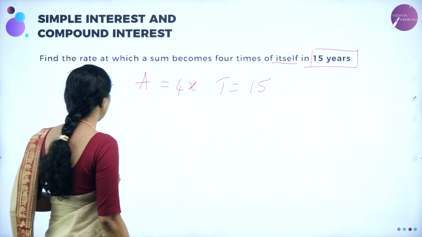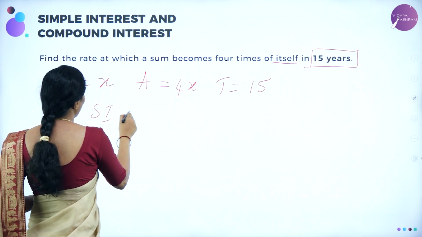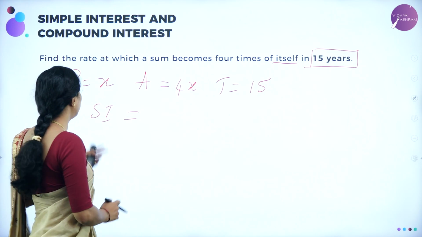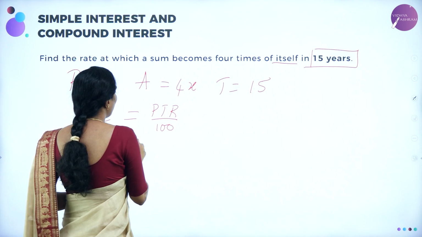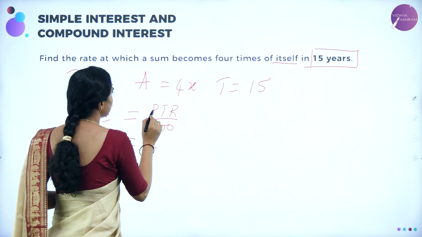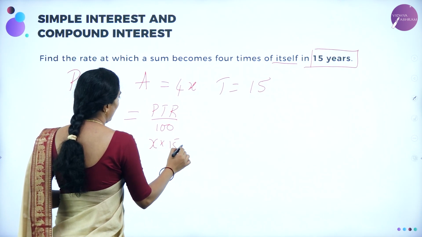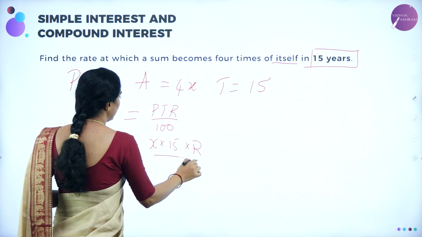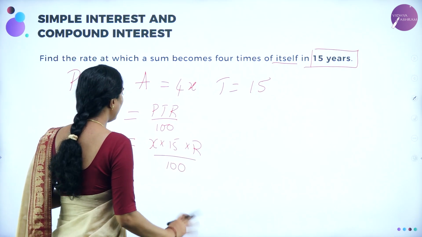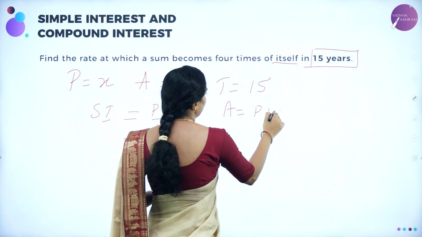So what is the simple interest? Simple interest is equal to PTR divided by 100, which is P is X, T is 15, and R is the rate of interest divided by 100. But you know already A is equal to P plus SI.